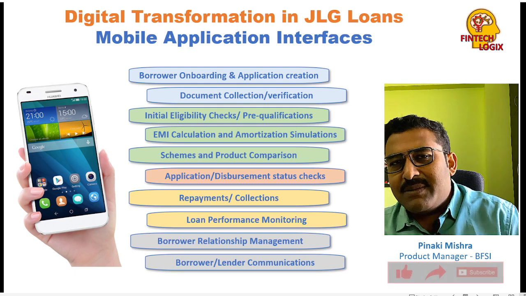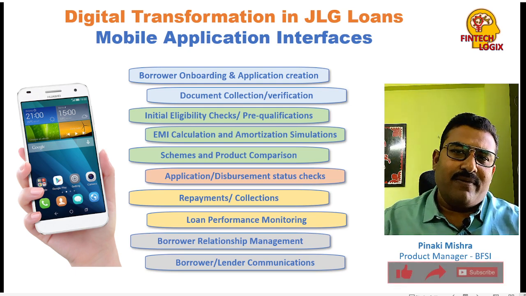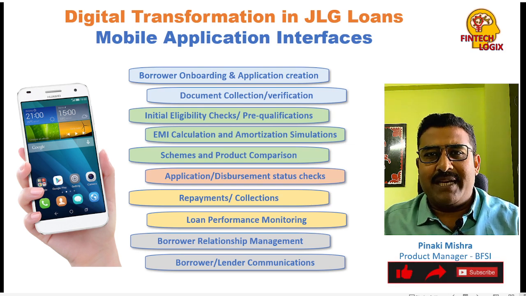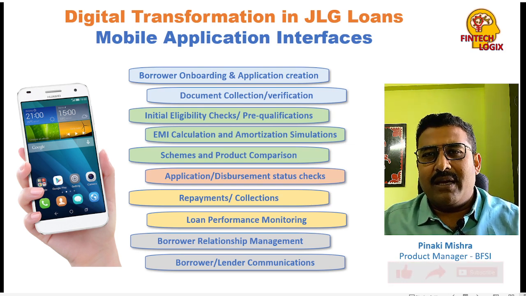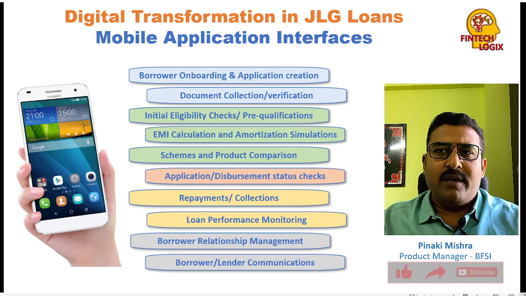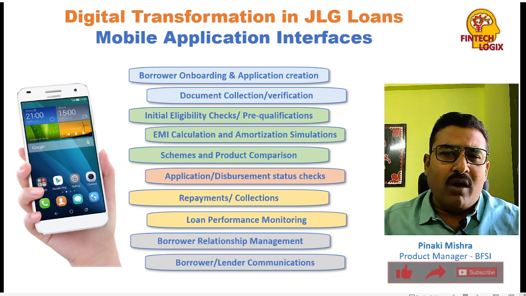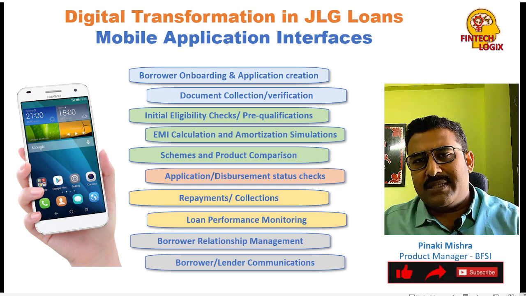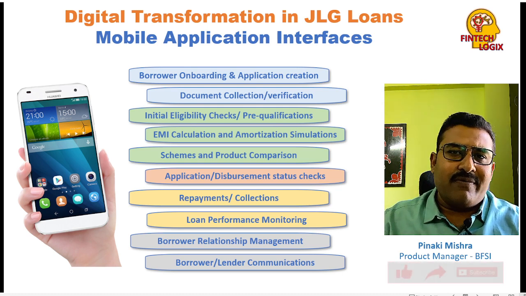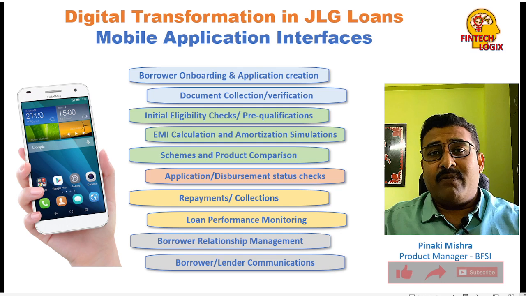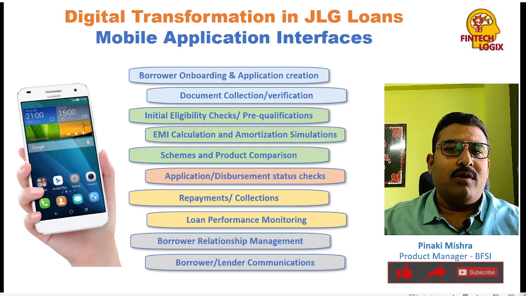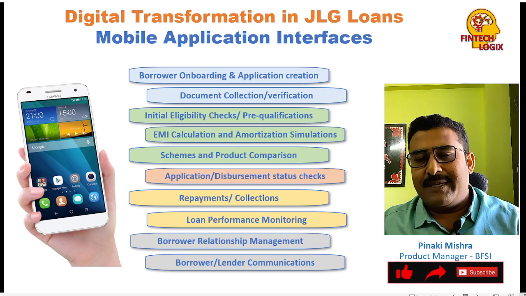The last but not the least use of the mobile app is borrower relationship management and borrower-lender communications. All different types of communications, right from origination to an increase of interest rate, even loan closure, anything can be made available through the mobile app of the DSAs.